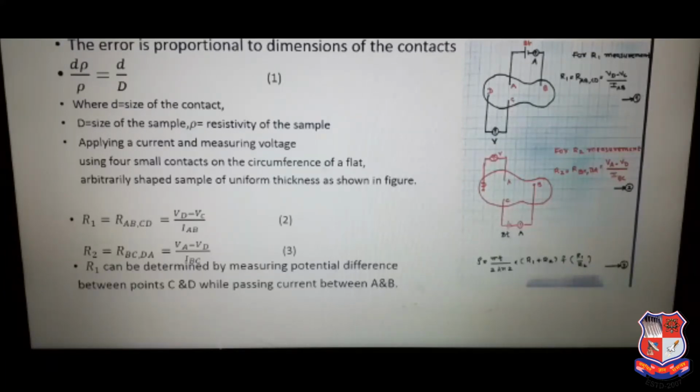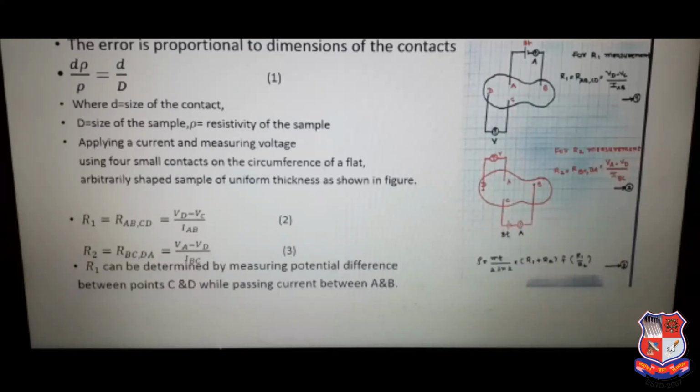Here, while you pass the current through contacts A and B, you are measuring the voltage between contacts C and D. And from Ohm's law, you know that the resistance is proportional to voltage and inversely proportional to current. So simply R is equal to V by I.